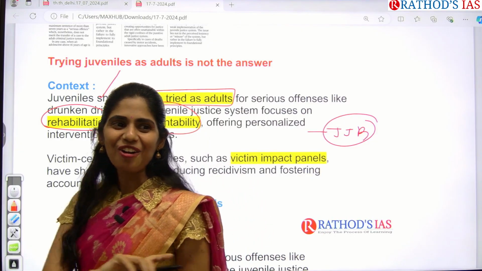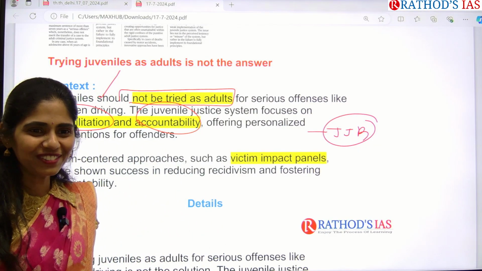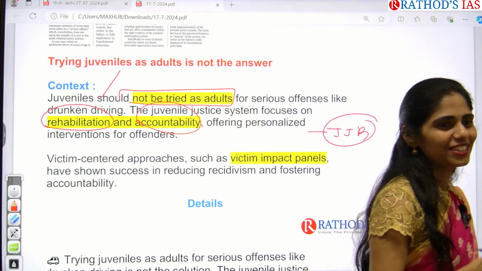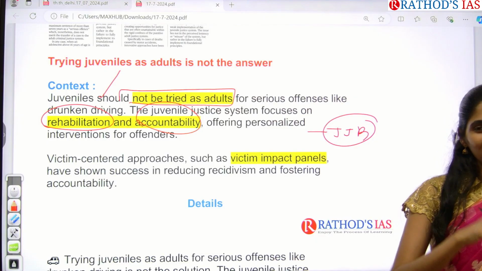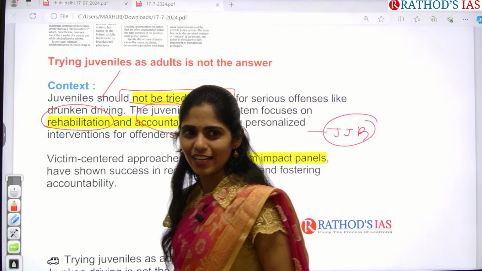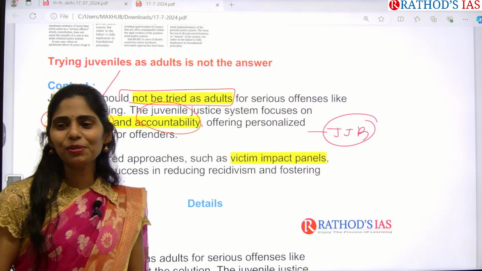Now tell me how far this is correct. You are going to be an IPS officer, no? In the future, Hema, tell me, is it correct? What steps do you want to take? What reforms can you bring in police administration? You are young and dynamic.